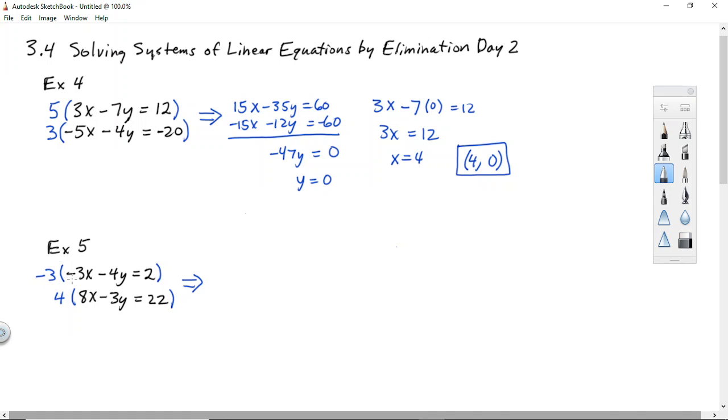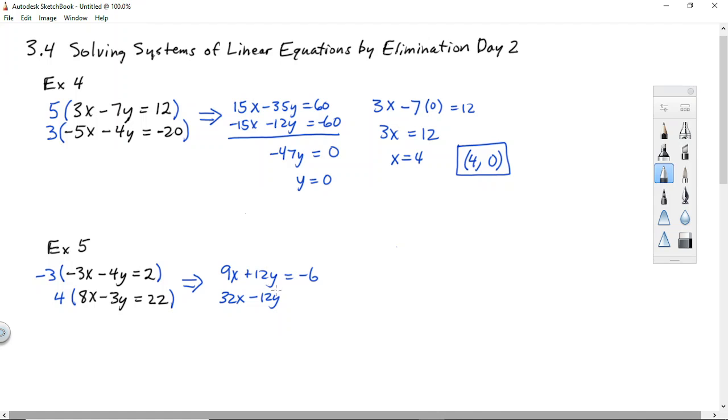So negative 3 times negative 3x is 9x. Negative 3 times negative 4y is positive 12y. And negative 3 times 2 is negative 6. And then the bottom one, 4 times 8x is 32x. 4 times negative 3y is negative 12y.